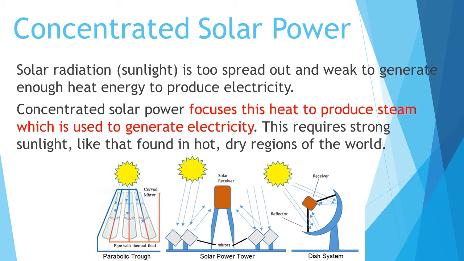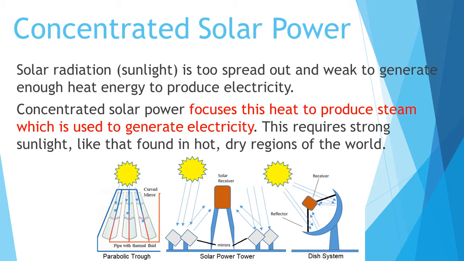If you put a pot of water outside of your house, even at the hottest time of the year, it's not going to boil. It's not going to create steam. The sunlight might be very, very hot, but it's not hot enough to generate electricity through heat energy.